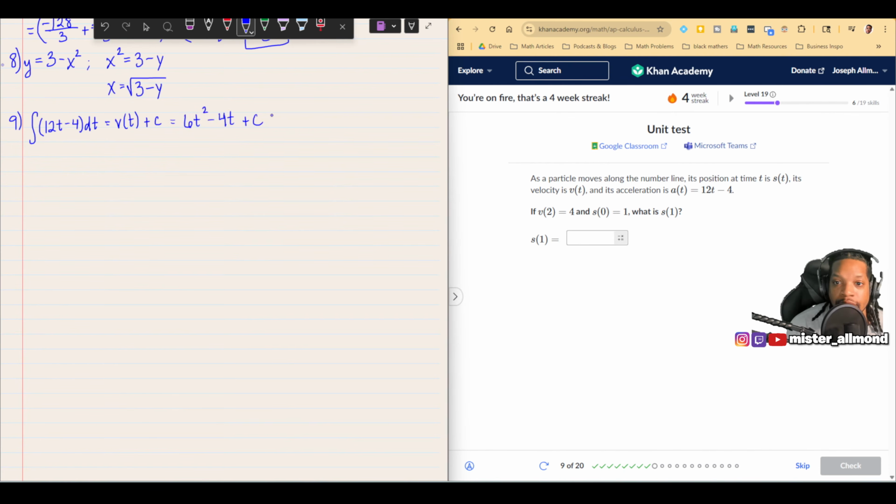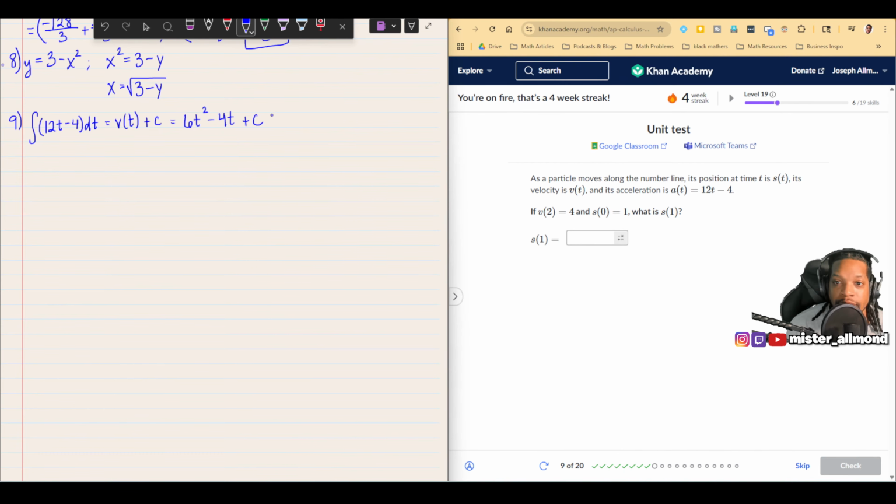And then we know that the integral of velocity is position. And two x values that we're interested in. Ooh. Hold up. We need to figure out c. Because they're telling us that v of 2 equals 4. So let's do that first. Let's figure out the c for my velocity.